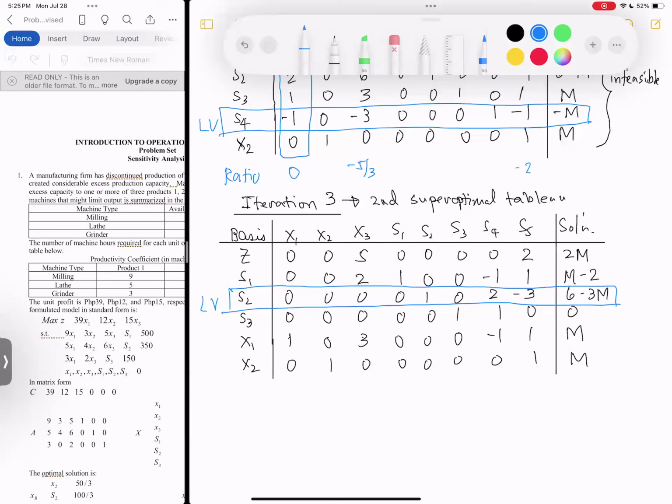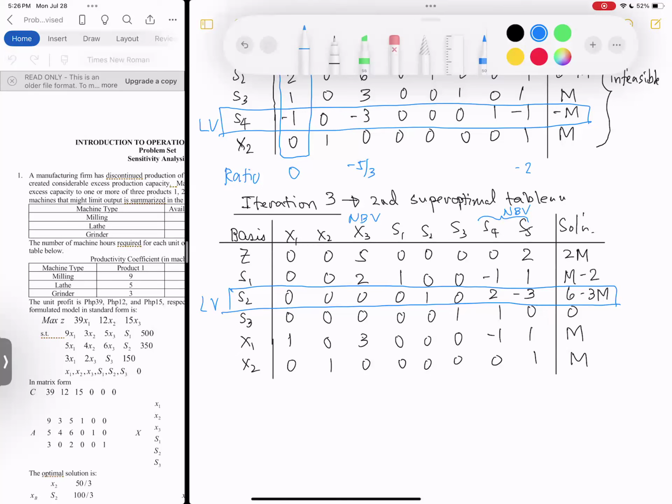And then what will be your entering variable? So this time, your non-basic variables are x3. Right? Anything that's not here, no? X3 is not here, and S4, S5 not here. So these two are your non-basic variables. So in every iteration, you have 3 non-basic variables and 5 basic variables.